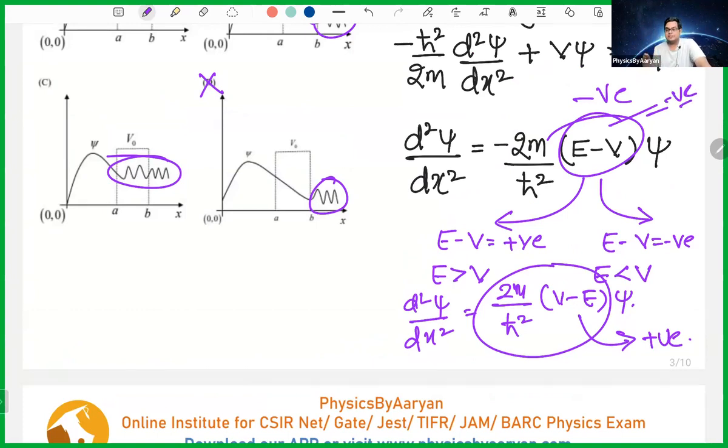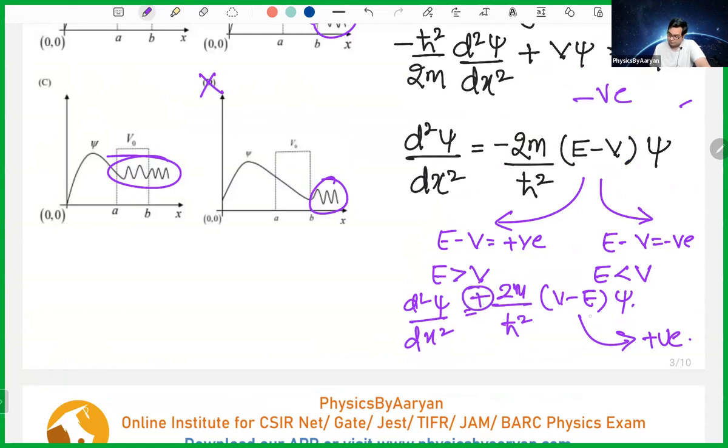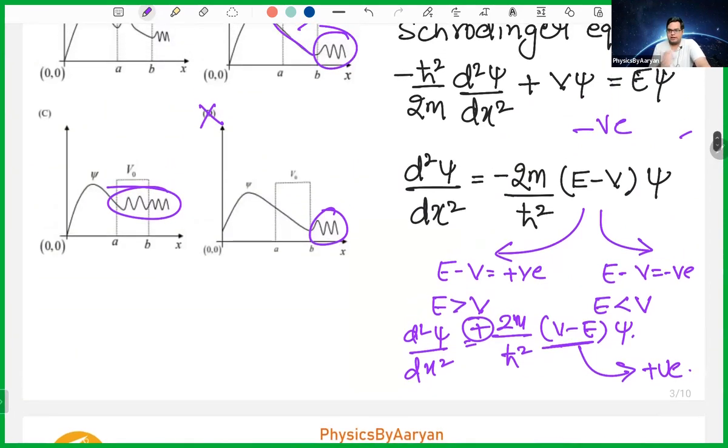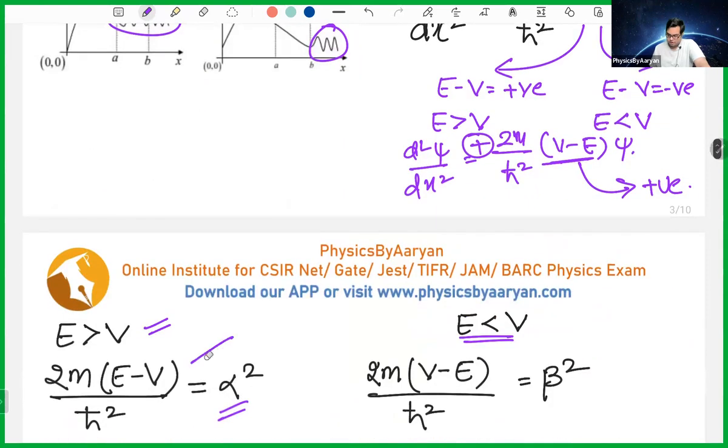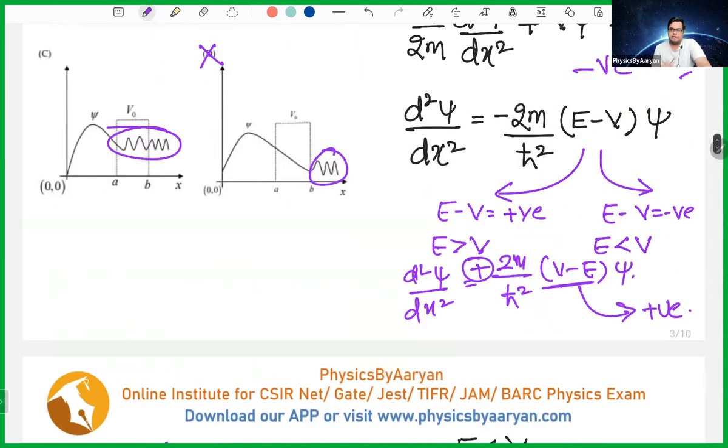I might get a misconception. So that is why I took the negative common, so that this negative becomes positive, and I can clearly see that here I have a positive, and I will have this positive for the rest of my life, because this is never going to be negative now. Nothing I have done, just in the first case I have written the thing as such, but in the second case I just prefer to take negative common. That's all.